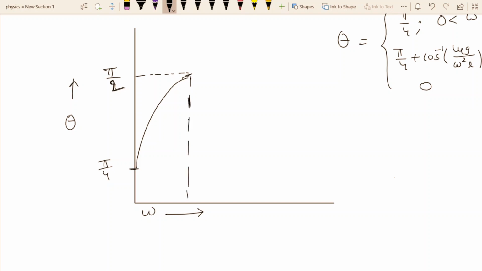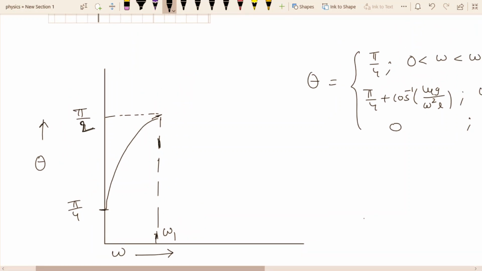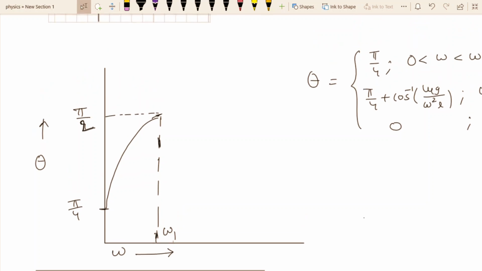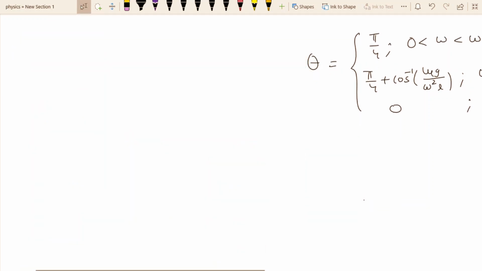This is the value of omega 1. Sorry, I am plotting a graph. Just wait, I will change the graph. I made a small mistake here.